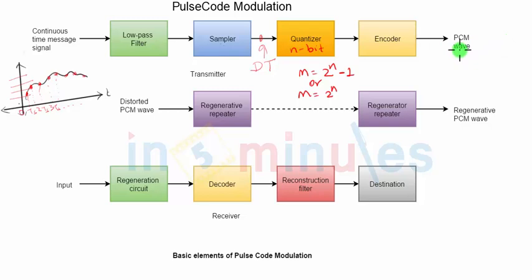Let us now discuss the receiver part of the PCM. Now you can see in between the transmitter and receiver, where we will basically have the physical channel over which the signal is being transmitted, contains regenerative repeaters. Now what are these repeaters? When the signal travels through the channel, it goes through attenuation due to the power loss that takes place in the channel.